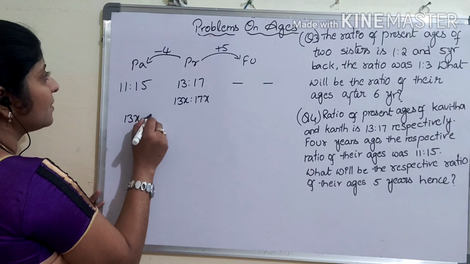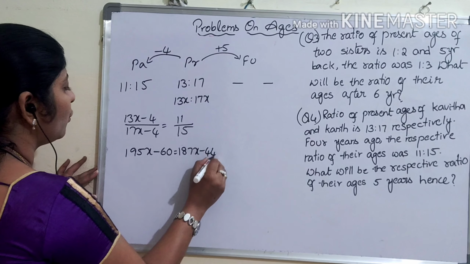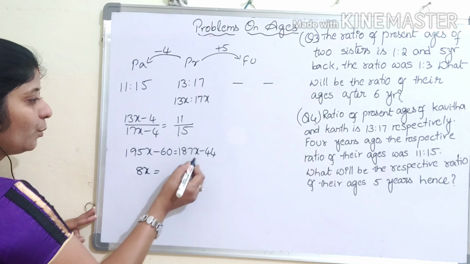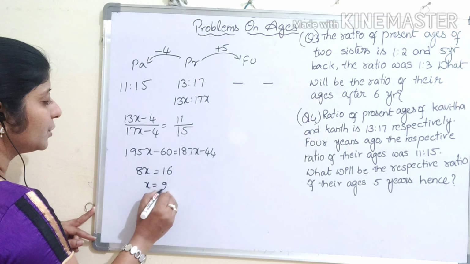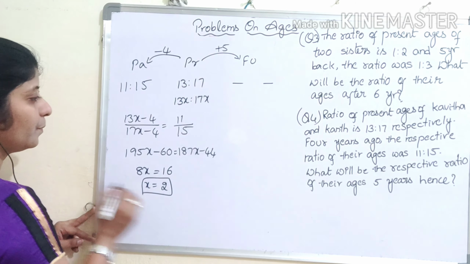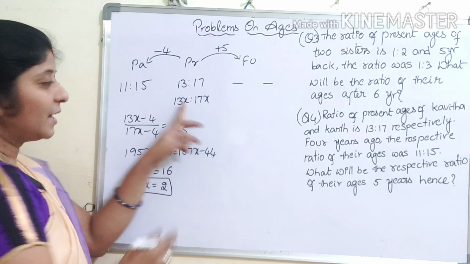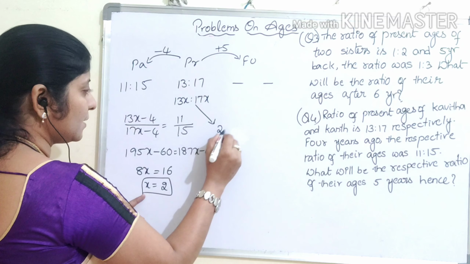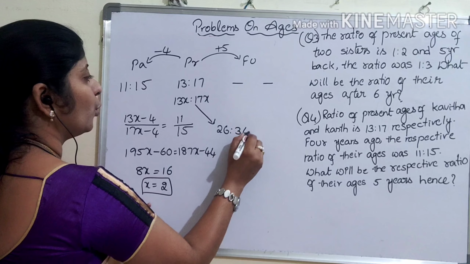By cross multiplying, we get 195x minus 60 equals 187x minus 44. So we get 8x equal to 16, so x will be 2. If you observe, the present ages will be 13 into 2, which is 26, and 17 into 2, which is 34.